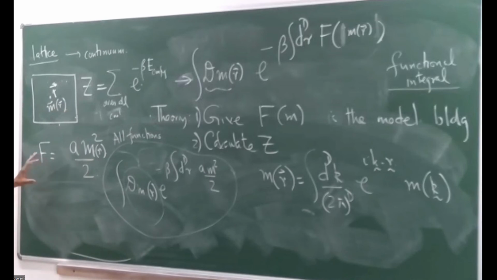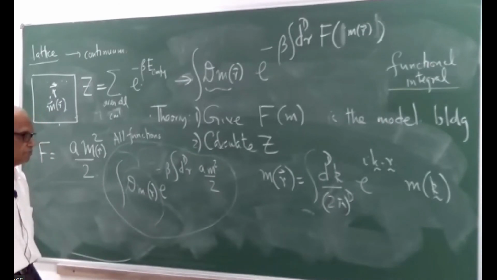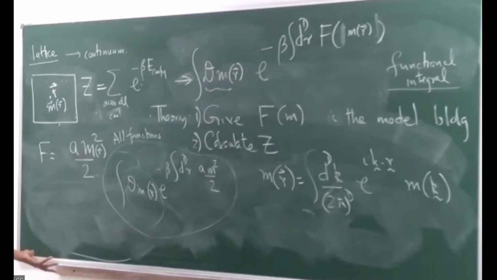So it's not surprising that the only functional integral that I can do is a quadratic one. The prefactor a by 2 is just something that I'll be using later for writing down a model for f. Not having it, setting it equal to 1, would probably make life easier, but I do want to keep that a.